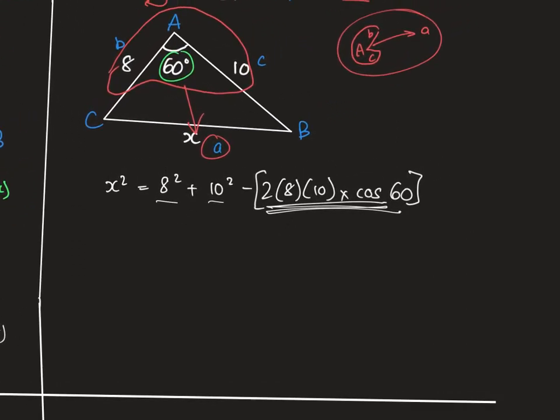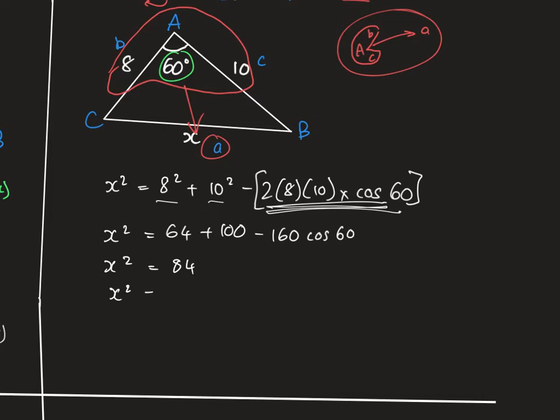So let me put that into my calculator. I can do this first: that's 64 plus 100 minus 160 times cos 60. If I pop that into my calculator, I type 64 plus 100 minus 160 times cos 60, close my brackets, and the answer is 84.